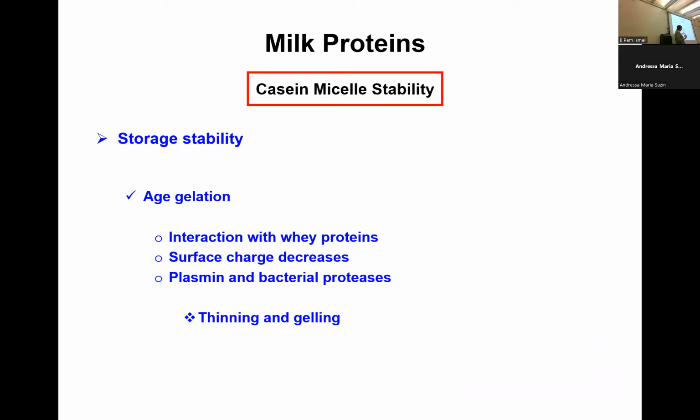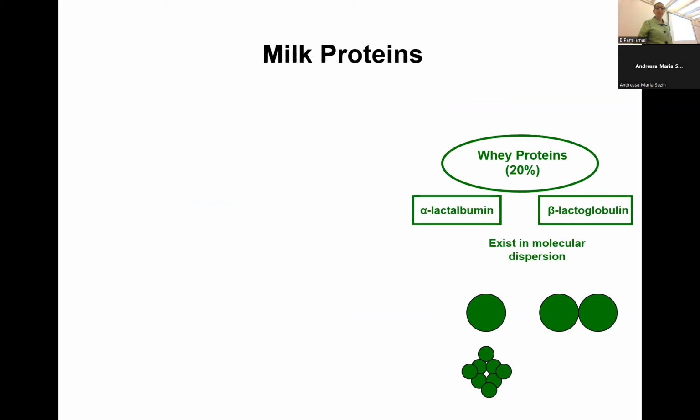Both plasmin and these proteases cause breakdown of the beta casein, mostly causing thinning first and then gelling of the milk. Also, we have interaction with whey protein, which causes gelling if the whey protein is denatured in pasteurized milk. And then we have overall reduced surface charge with aging, and that causes more gelation over time.